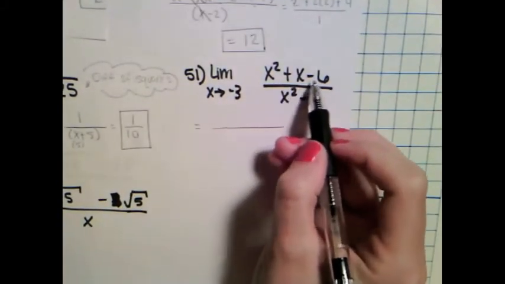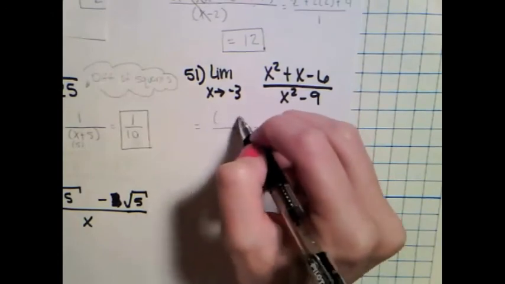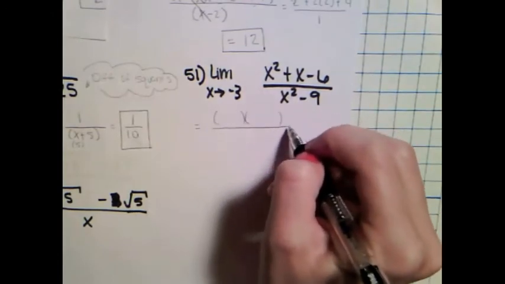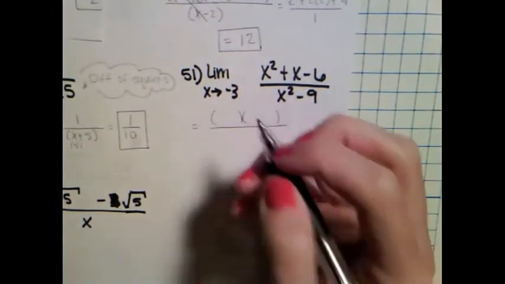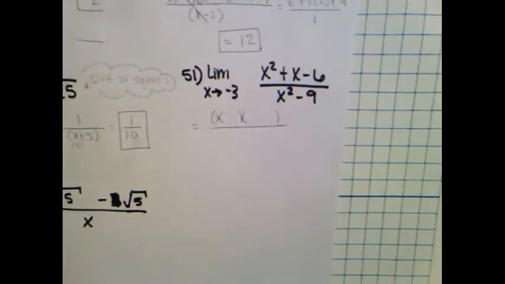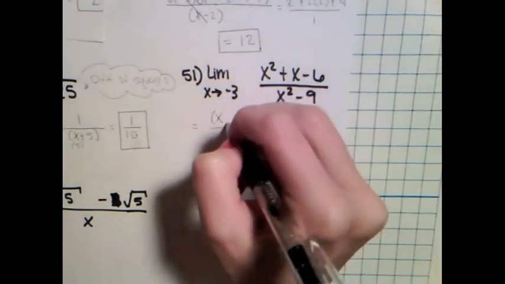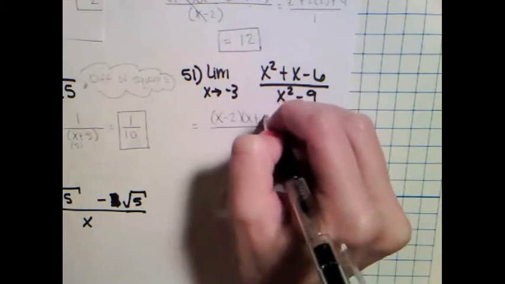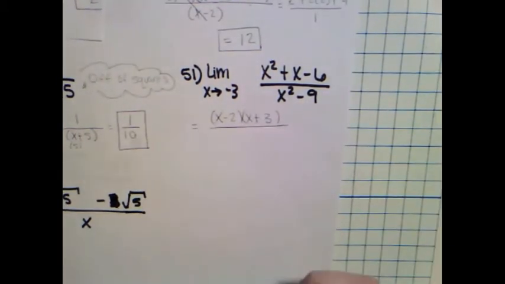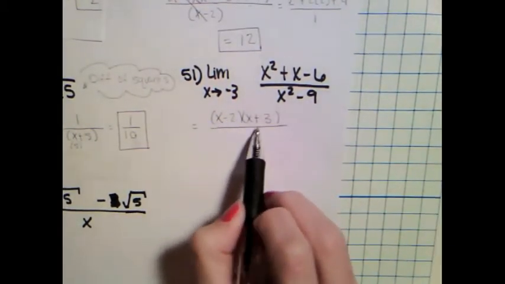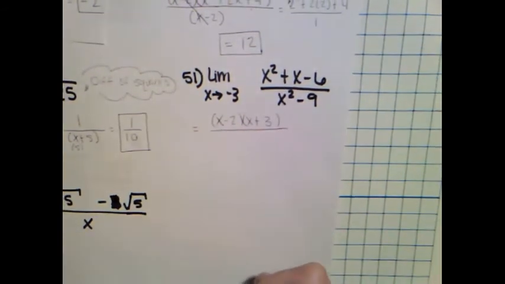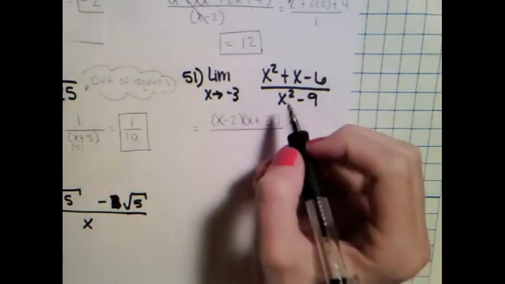I can recognize this trinomial, something that I can factor quickly into x minus 2, x plus 3. And you can check that by FOILing it out and ending up with what you started with.